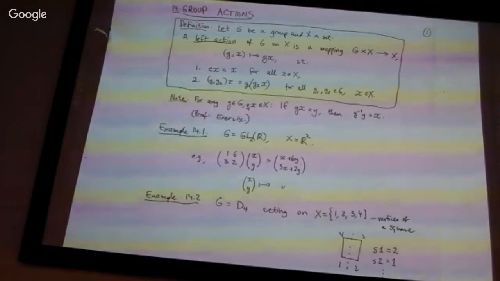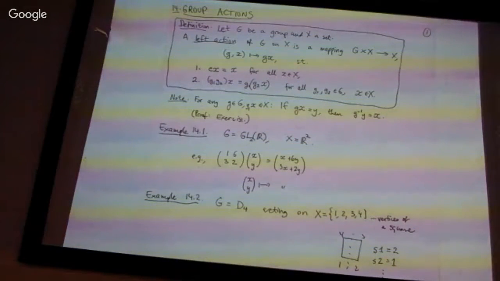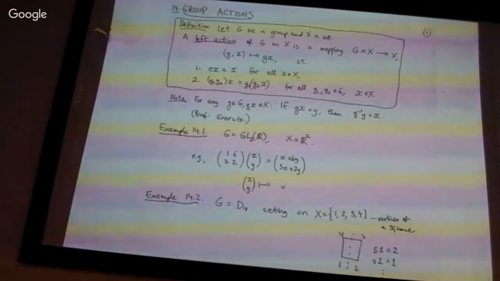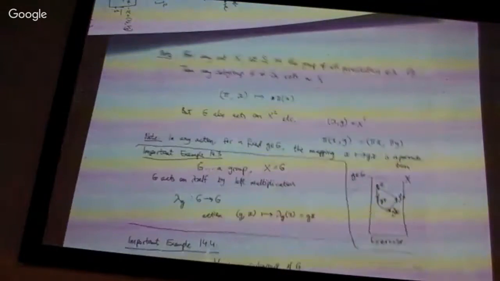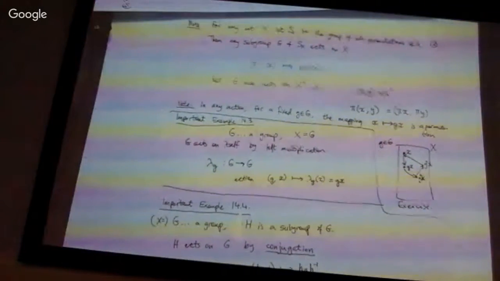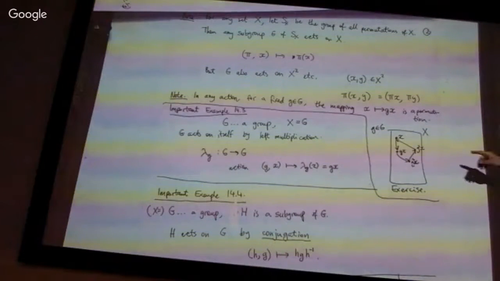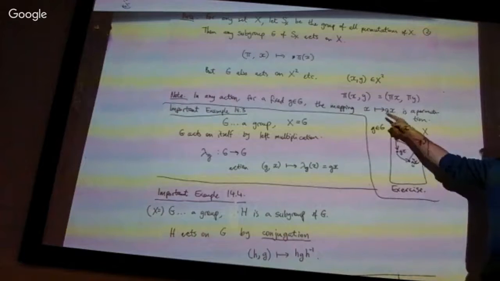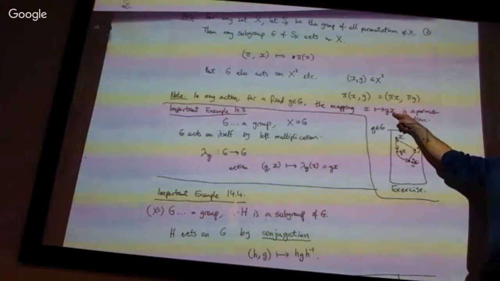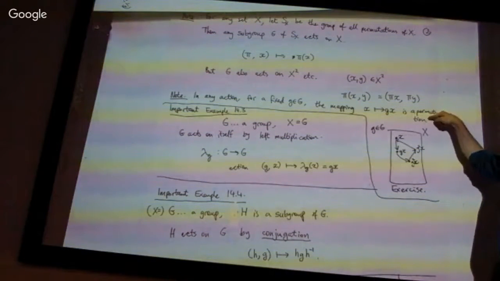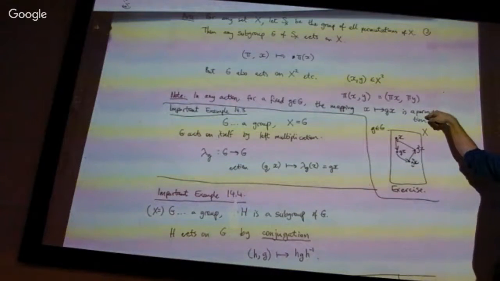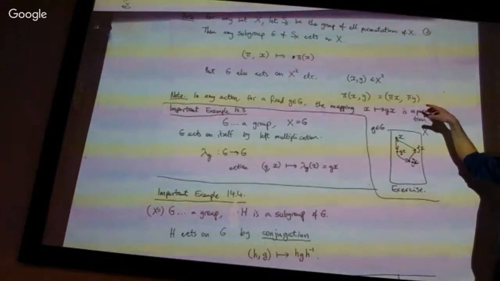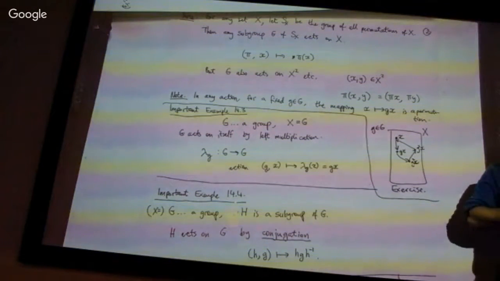And then we said that somewhere I said that what this g does, there was this note that I forgot. Okay, so when you fix g, you look at this mapping, which takes x and moves it to what the g does to it. It's a permutation of the set X. Okay, because otherwise it couldn't work.